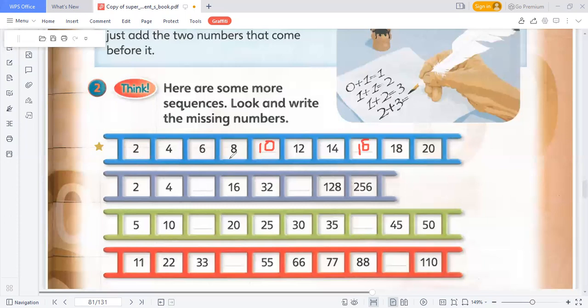Because on the first part, 10. If we're going to put 10 here, do you think the next number is 16? Okay, you try. There are other ways to solve this.